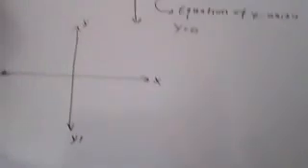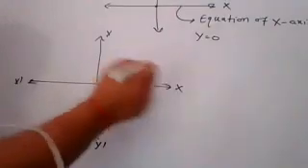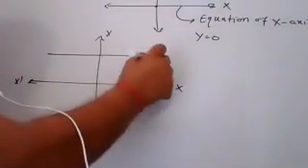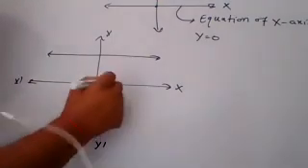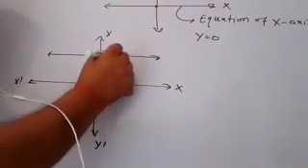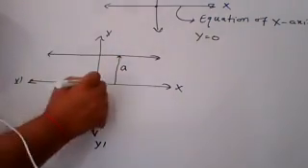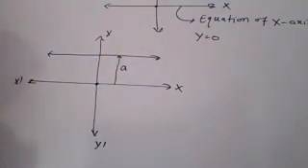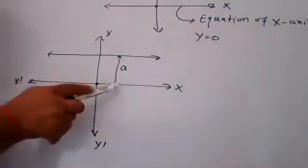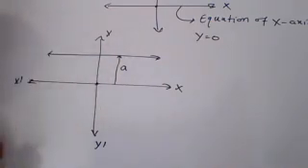And suppose you have a line which is parallel to the x-axis and is at a distance of a from the origin, or from the x-axis. Then what is the equation of that line which is parallel to the x-axis at a distance a from it?